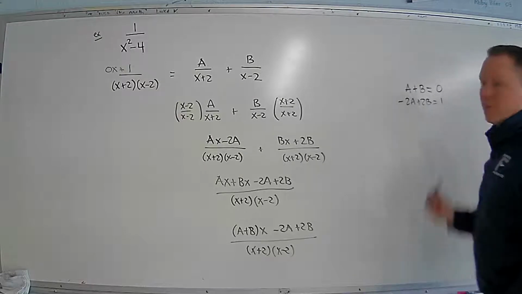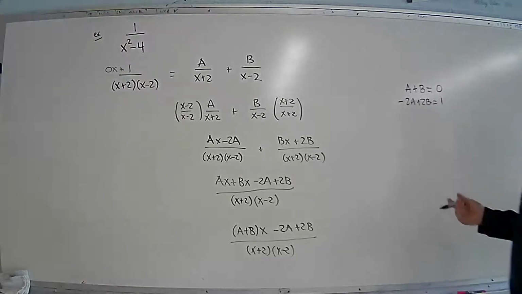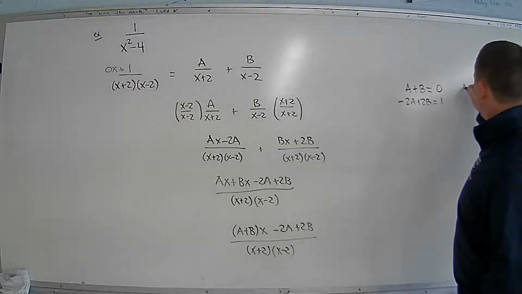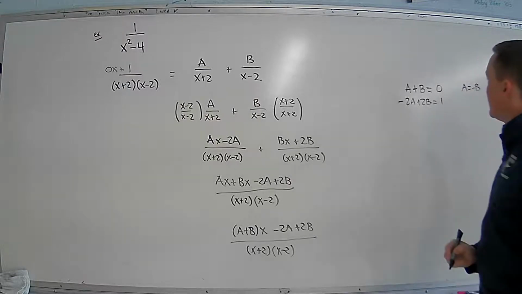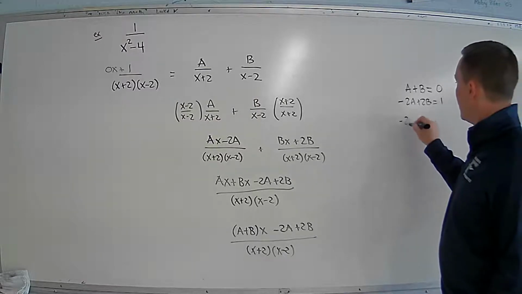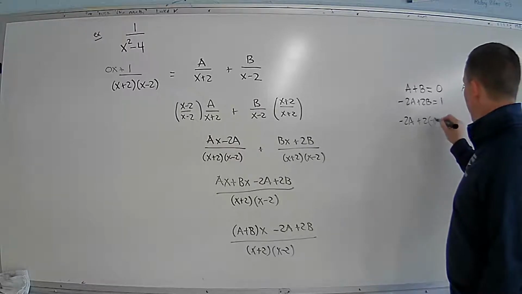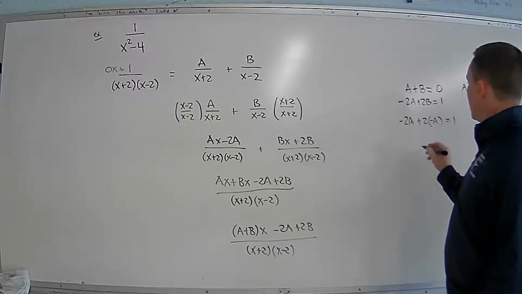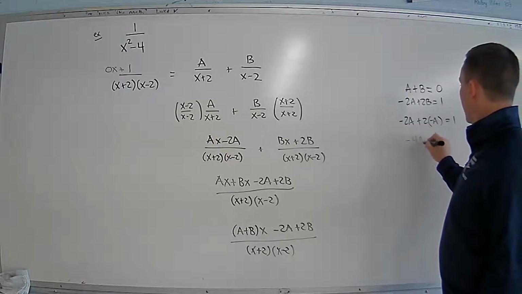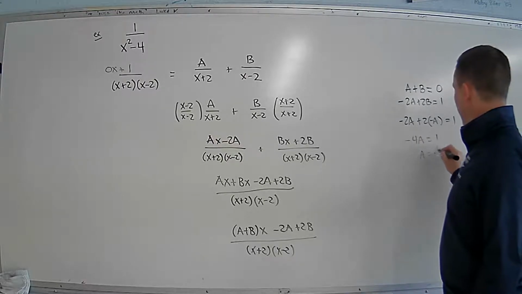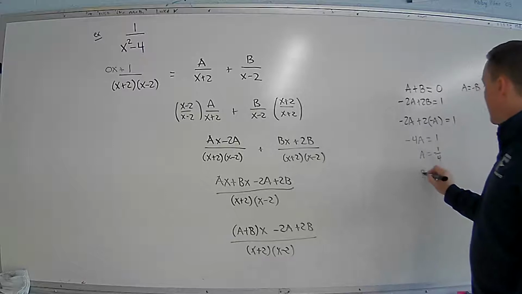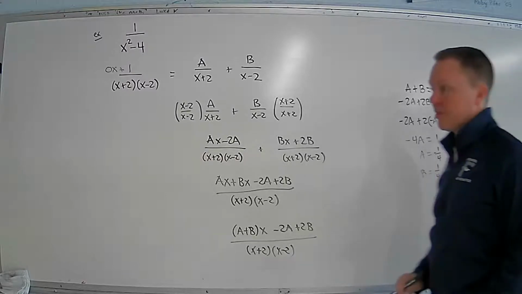So here's our system of two equations and two unknowns. Solve that. This one, I think it's easier if I say a equals negative b. So negative 2a plus 2 times negative a equals 1. So that's negative 4a equals 1. A equals negative 1/4. B equals positive 1/4.